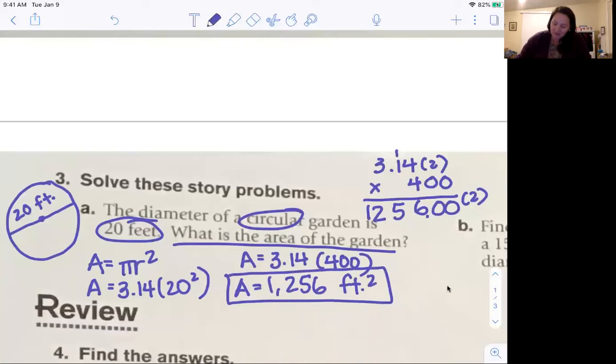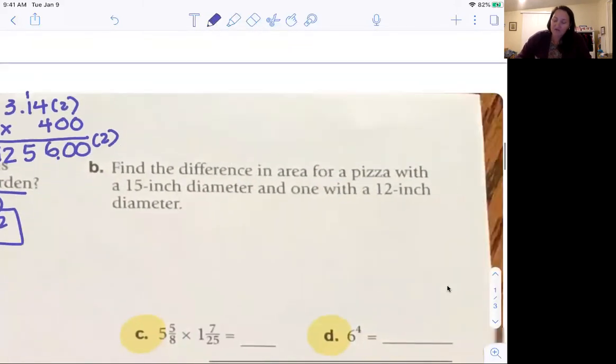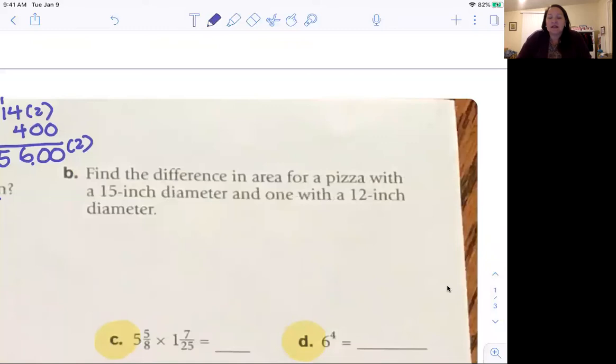Okay, let's move on to B. Find the difference in area for a pizza that is 15-inch diameter and one that is 12-inch. Okay, I see the word difference. What does that mean we're doing? If you said subtraction, you're right, okay? We have an area of 15-inch and an area of 12-inch.